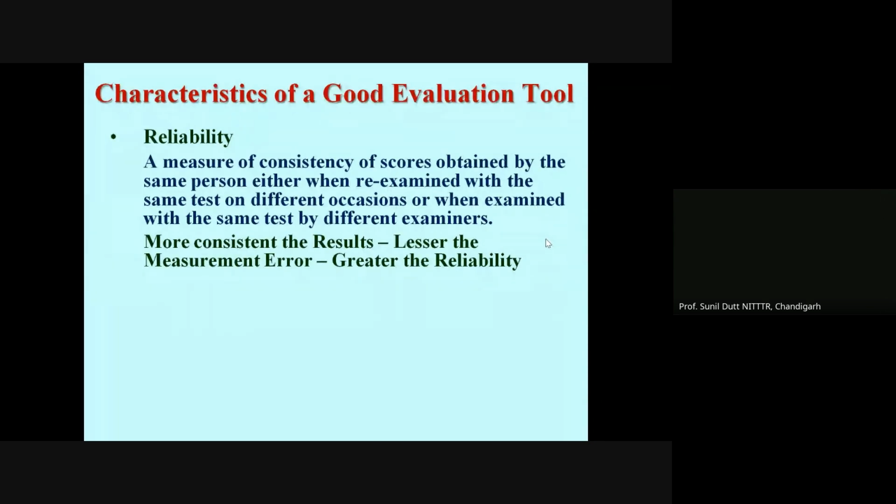Now again, we have to consider some of the factors which need to be kept in mind while preparing a question paper, so that we get adequate reliability, good reliability. First is the length of the test. Now in general, I would say the longer the test, the higher would be its reliability.